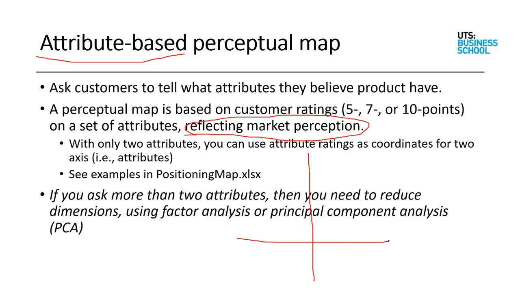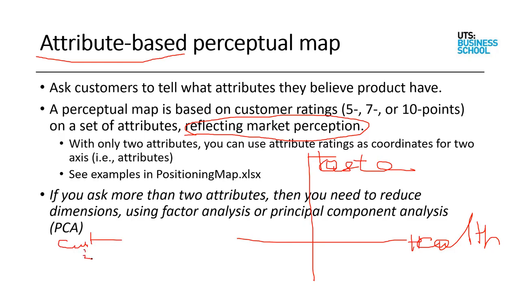And so for example, let's say, again, for the soft drinks market, you are looking at two dimensions. Health is one dimension and taste is another dimension, right? So what you have is customers ranked from 1 to 3 and so on up to 50.